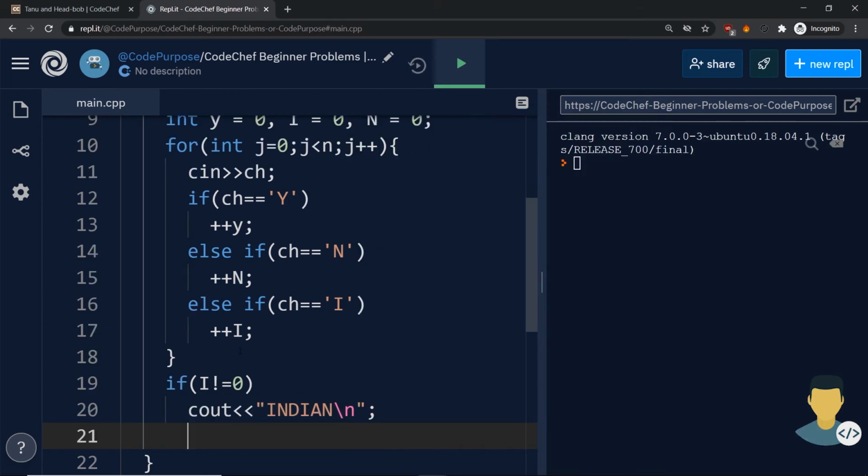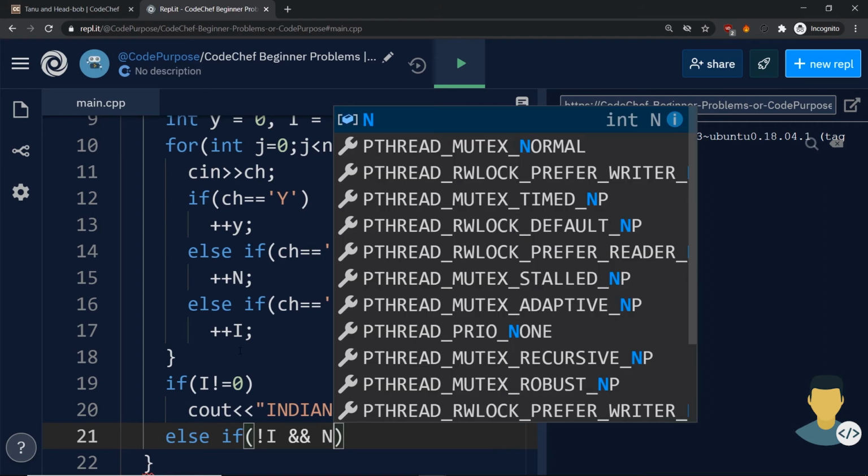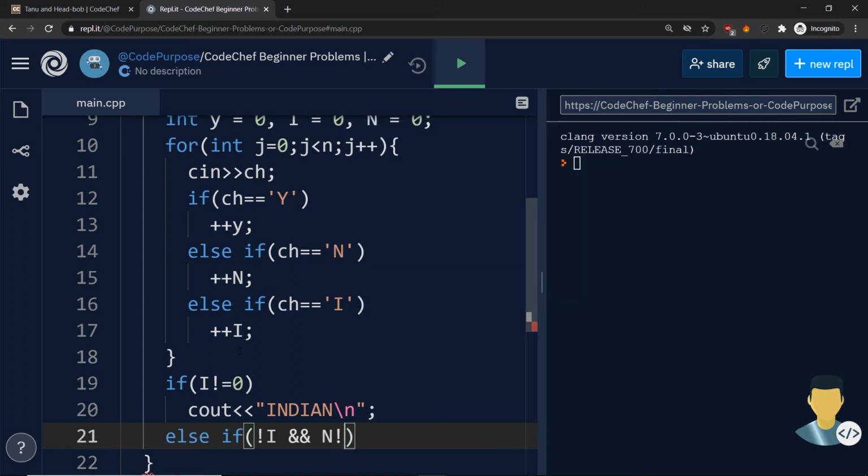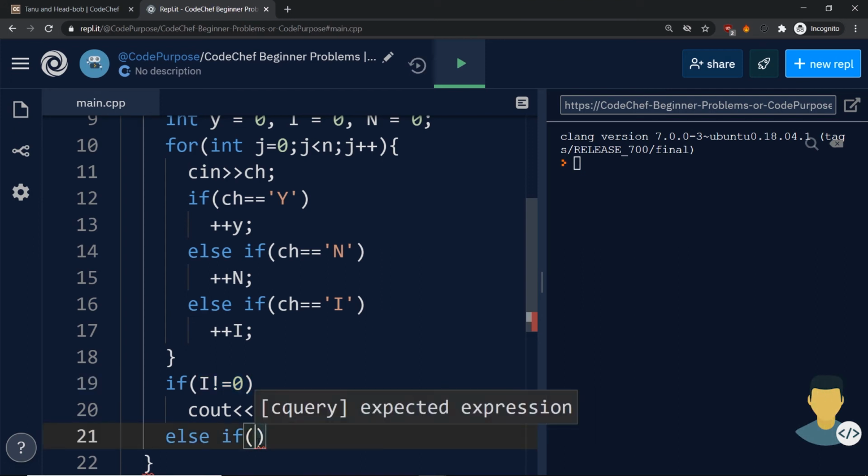If the number of Indians is 0, in the next case we are sure that the number of Indians isn't 0, so we check if the number of Y isn't 0.